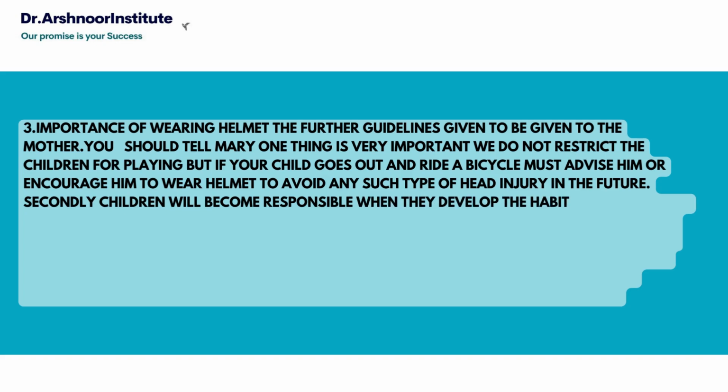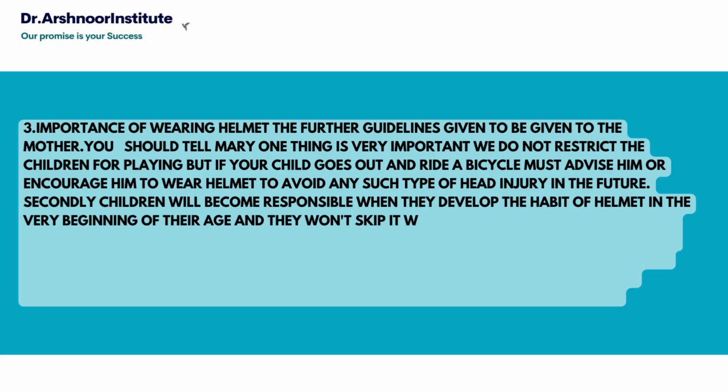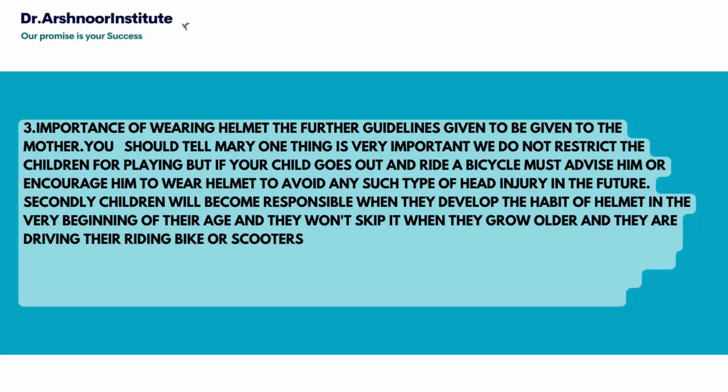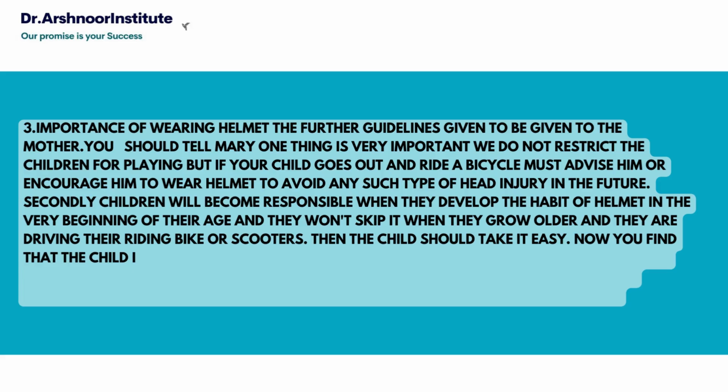Secondly, children will become responsible when they develop the habit of wearing a helmet from the very beginning of their age, and they won't skip it when they grow older and are riding a bike or scooter.